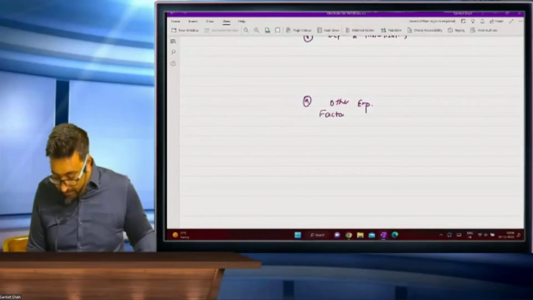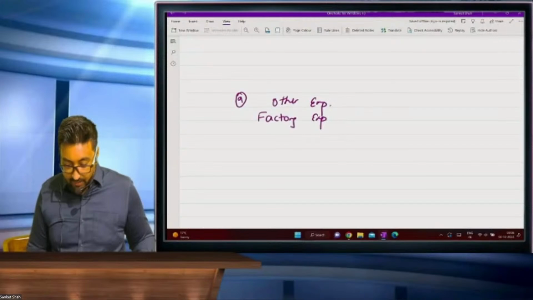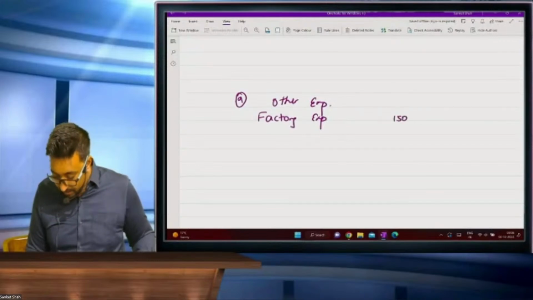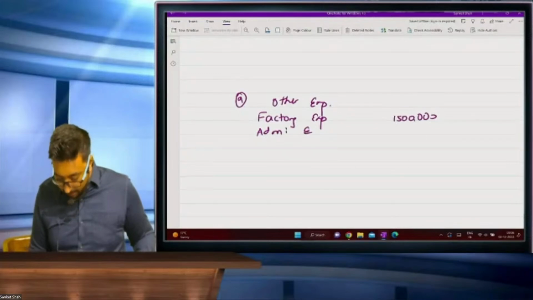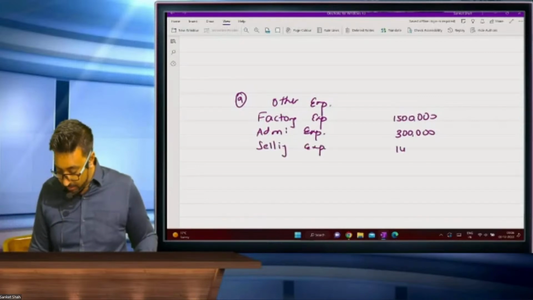Factory expense. We will write it in other expense, factory expense 15 lakhs. Administration expenses over there 3 lakhs. Selling expenses 14 lakhs.